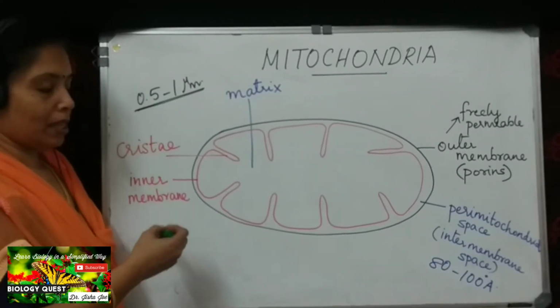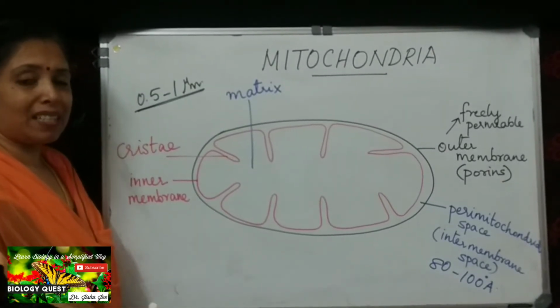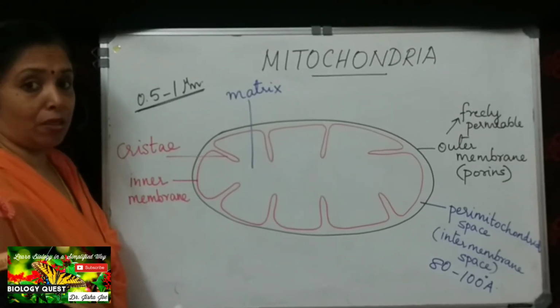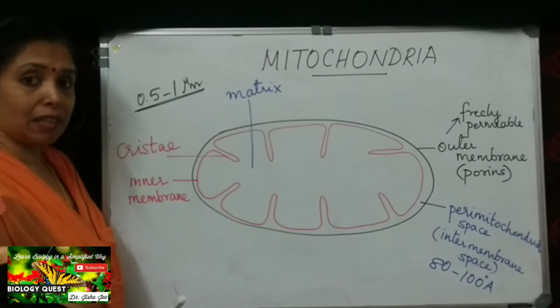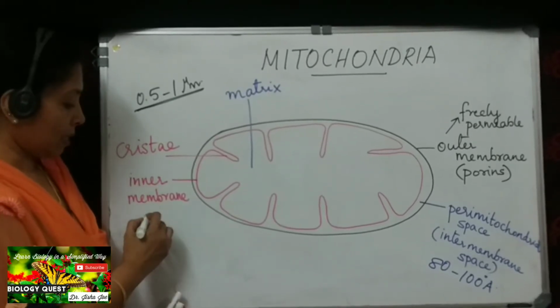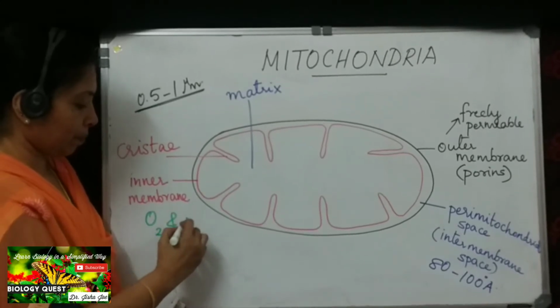Once again, coming to the inner membrane, it is not a freely permeable membrane as we have seen in the case of the outer membrane. It is a selectively permeable membrane, and it is permeable only to oxygen and ATP.